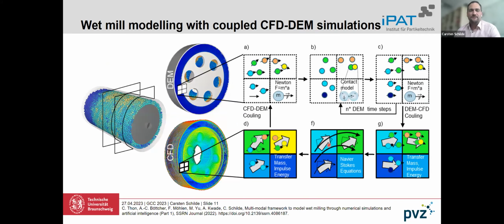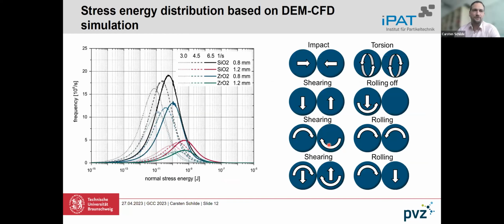And with this information, you can go into a larger scale simulation of the whole mill, which is plotted here, which is done by the simulation software Rocky, where we have the fluid phase represented by a computational fluid approach and the discrete element. We have a coupling in between. Since we have a lot of particles, we need a four-way coupling, with the particles influencing the fluid phase and the fluid phase the particles and vice versa.